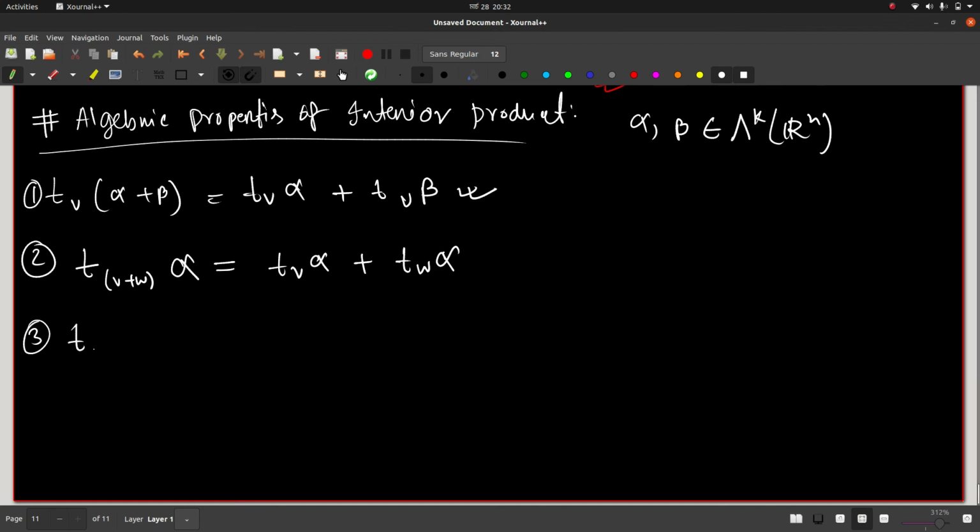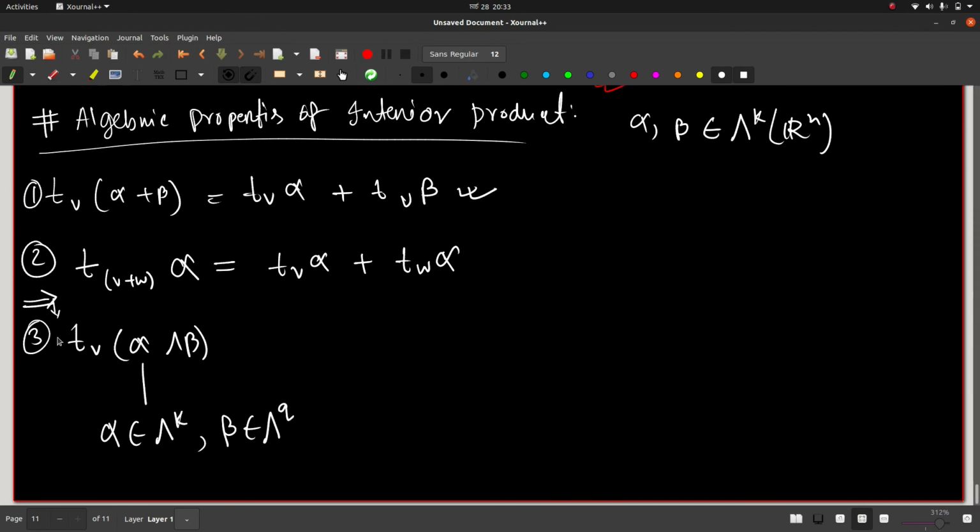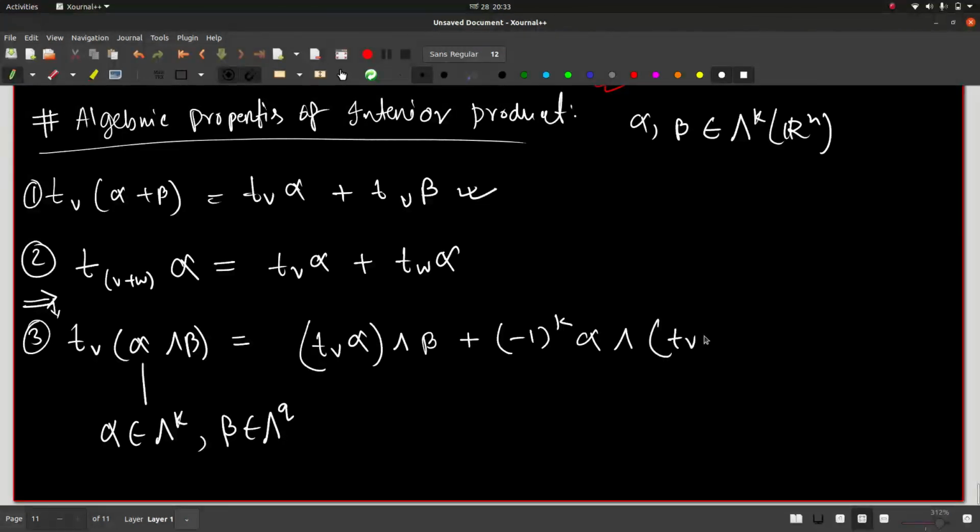If you want to compute the interior product of a differential form where your alpha and beta are k and q forms respectively, where alpha belongs to lambda k and beta belongs to, let's say, lambda q, this will turn out to be d_v of alpha wedged with beta, plus minus 1 to the power k, alpha wedged with d_v of beta.